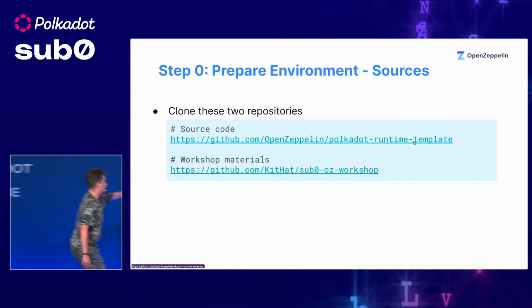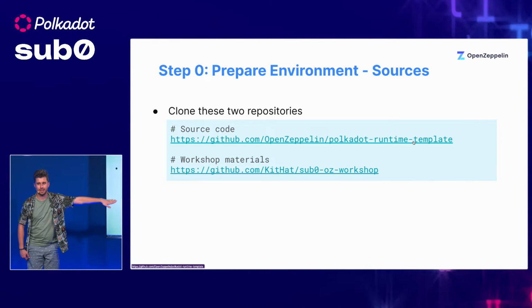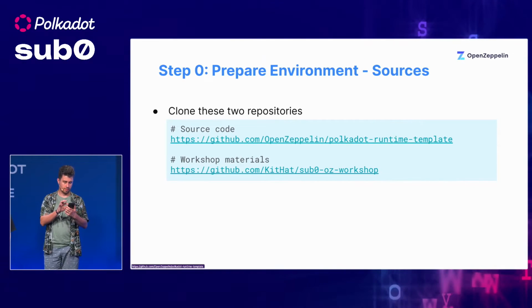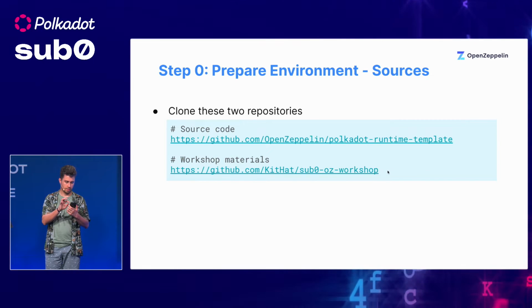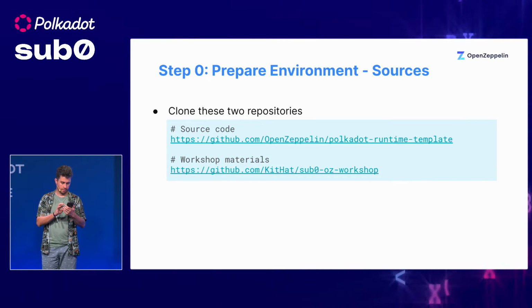If you just type in this link, all of the links will be in the repo. I'm sorry, I have not thought about adding a QR code. But I can throw it out to the chat, at least, just to have it.